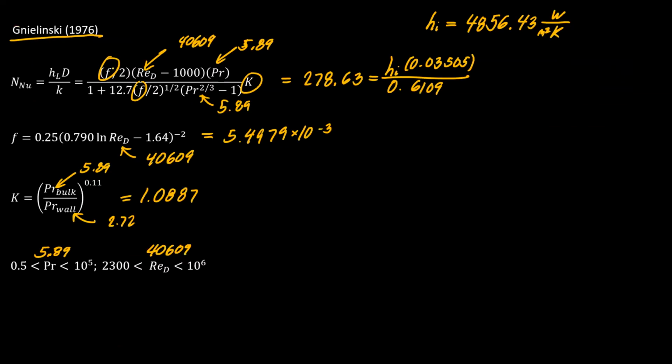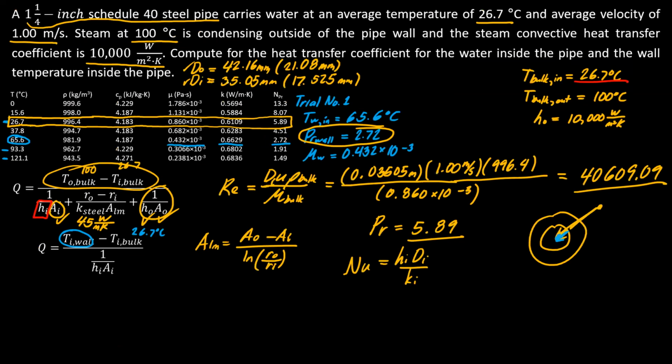The area here is the surface area. Yeah, so it should be pi d. This is 35.05, 3505 in meters. So let's say at the 1 meter cross section.